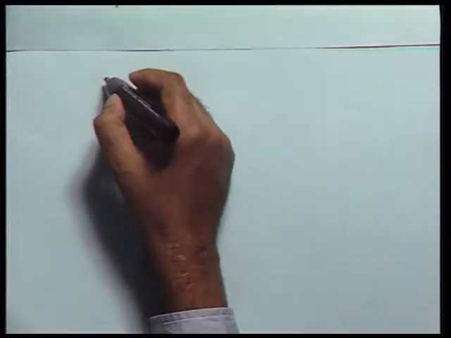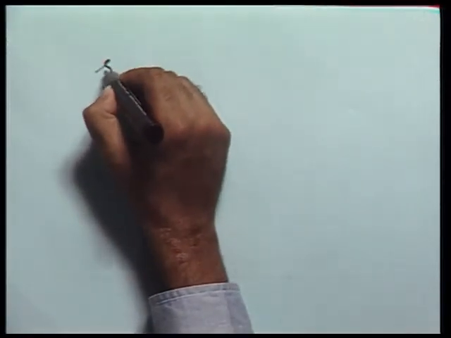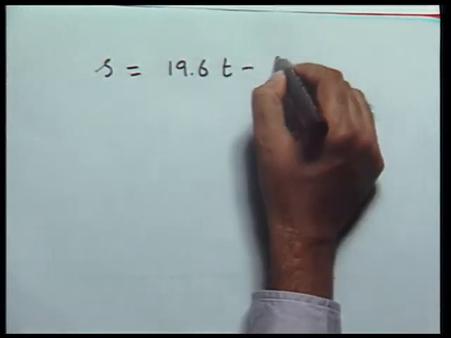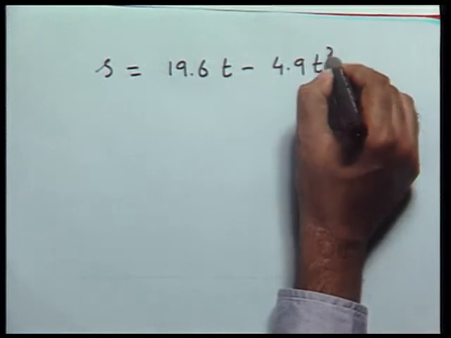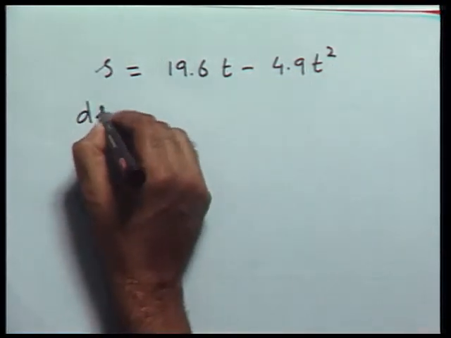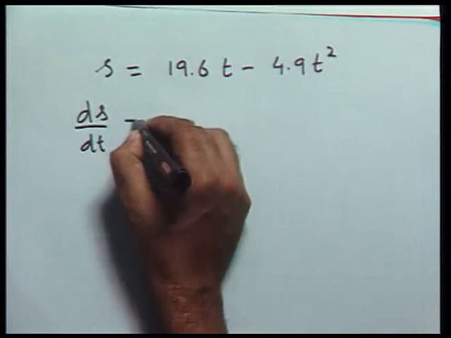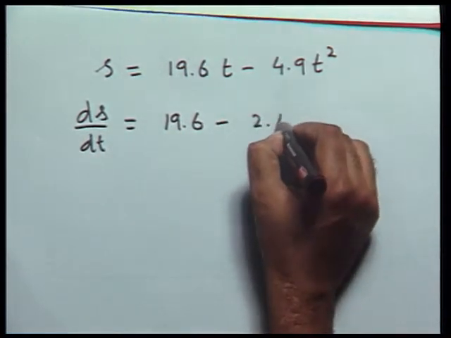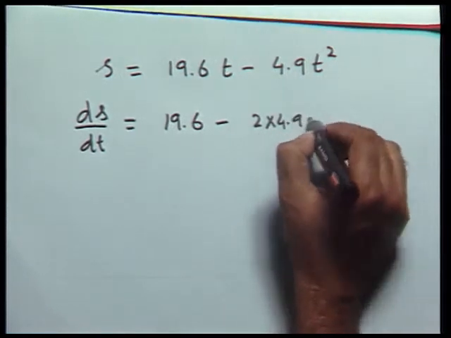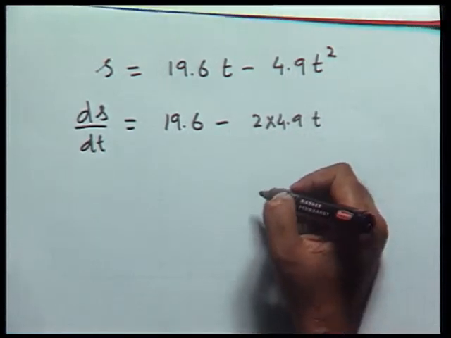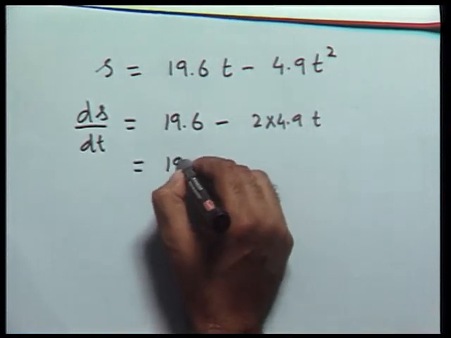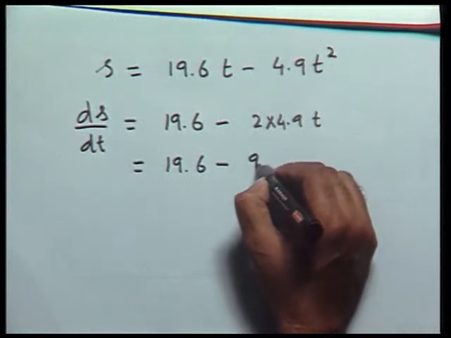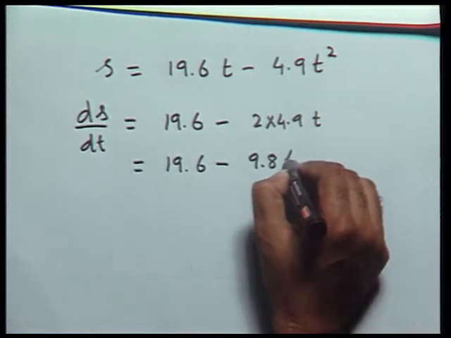Here is the expression for the first stone. The expression for the first stone for distance is s equal to 19.6 t minus 4.9 t squared. What is the velocity? ds by dt is going to be equal to 19.6 minus 2 into 4.9 t. That's just 19.6 minus 9.8 t.